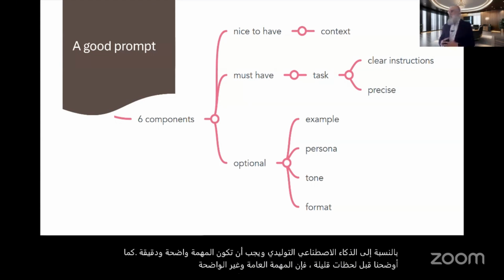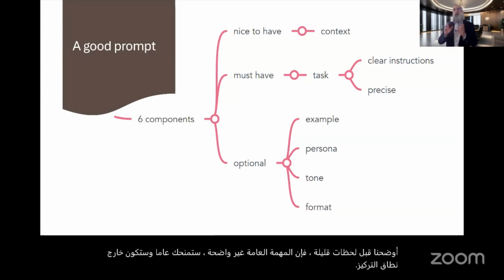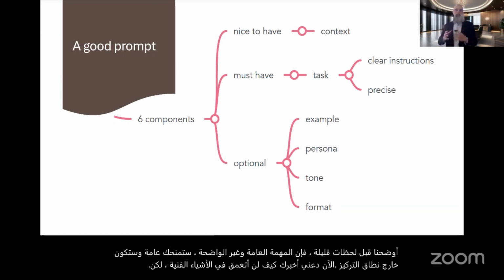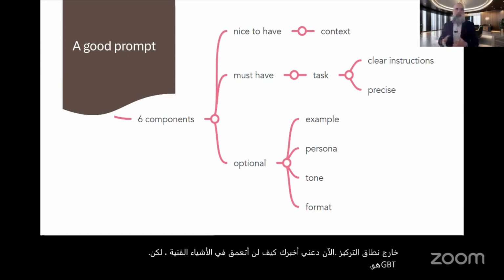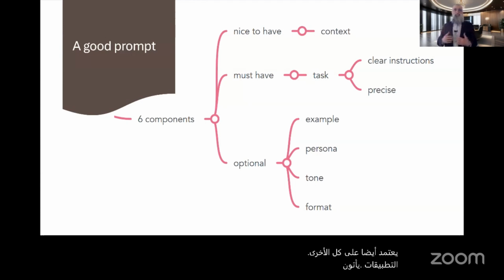Now, let me tell you how. I'm not going to go deep into technical stuff, but GPT, and also all the other applications, come from the root of a large language model. They use statistics to predict the next word.